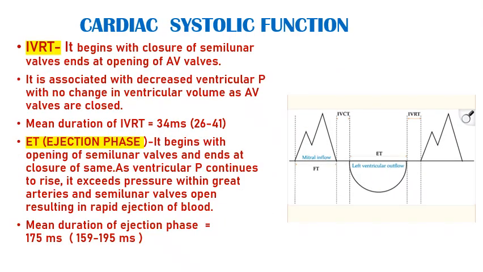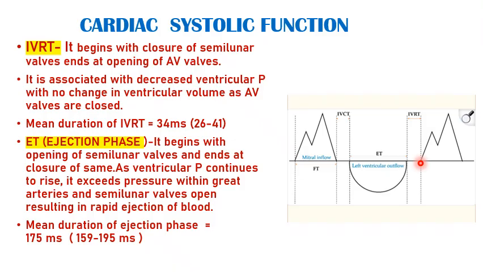Now, isovolumic relaxation time begins with closure of the semilunar valve and ends at opening of the AV valves. It is associated with decreased ventricular pressure with no change in ventricular volume as the AV valves are closed. Mean duration is 34 milliseconds with a range of 26 to 41.